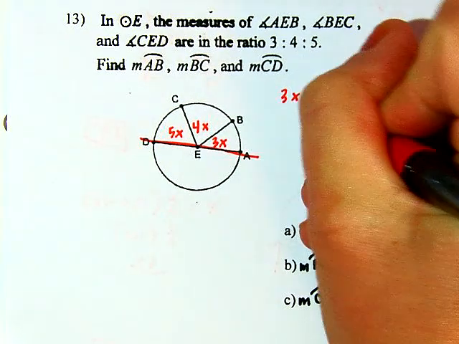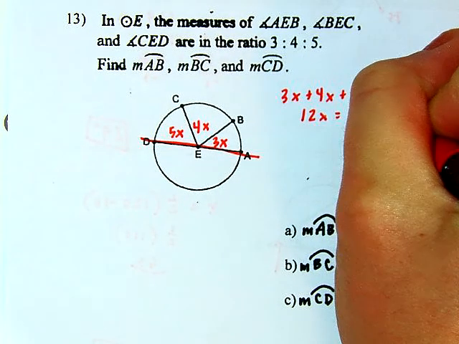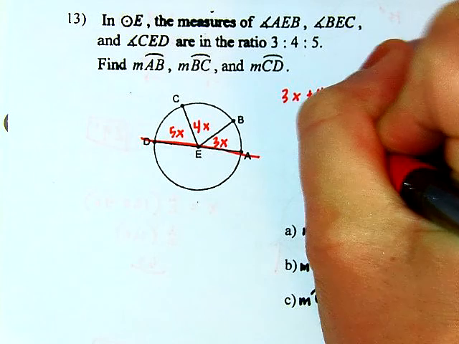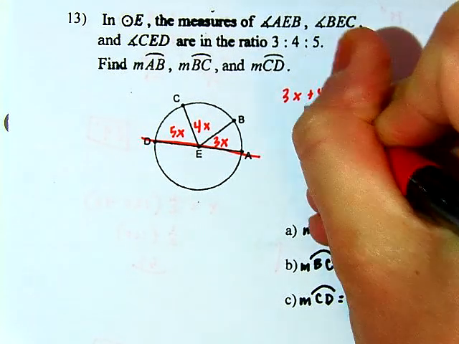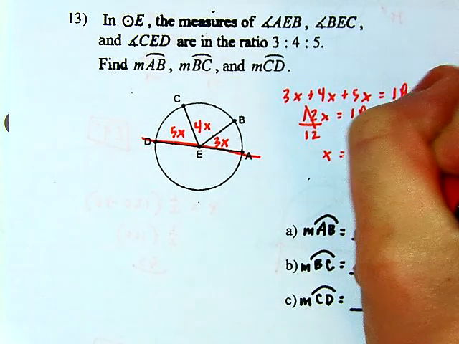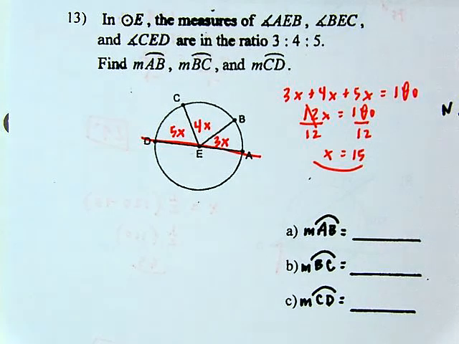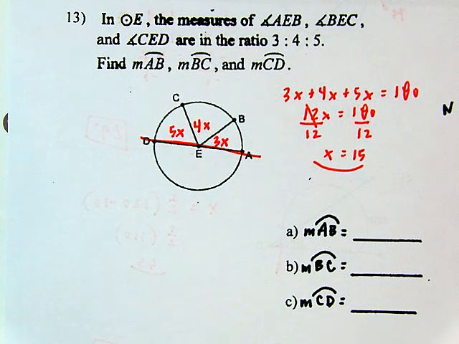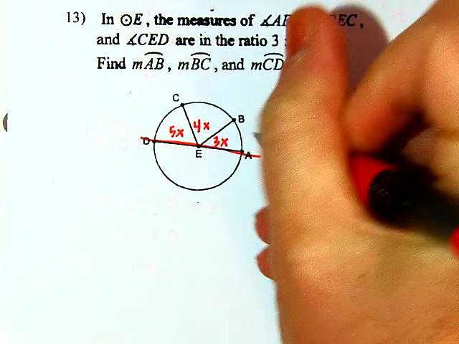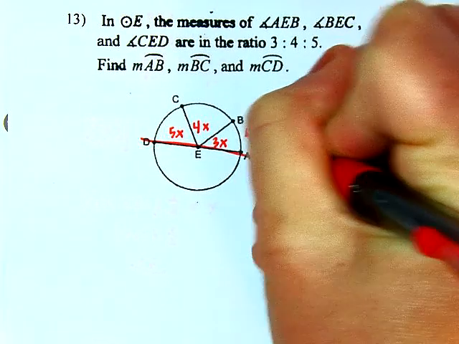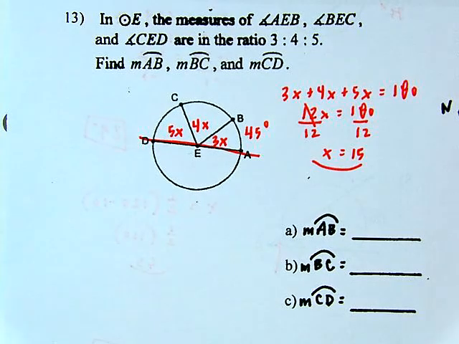So right now I have 12x equals 180, and I divide by 12, and I get that x is 15. So my multiplier, x, is 15. So 3 times 15 would get me 45 degrees here. The central angle and its intercepted arc would be the same.